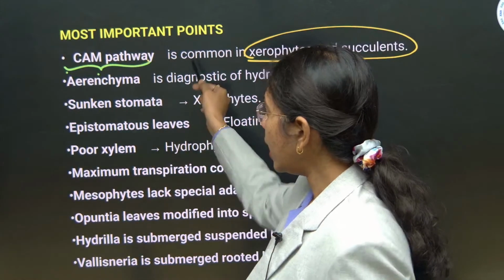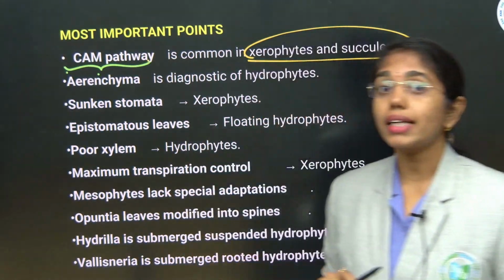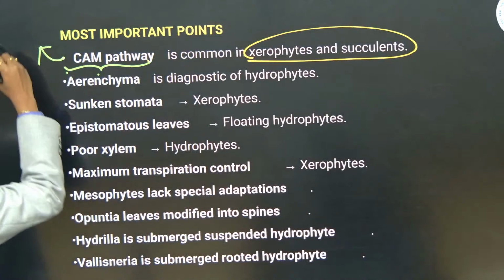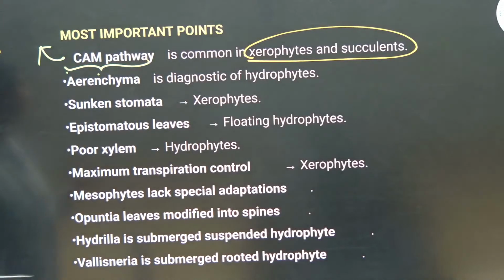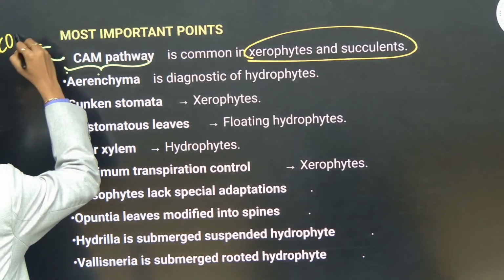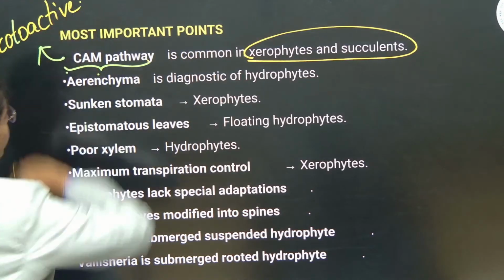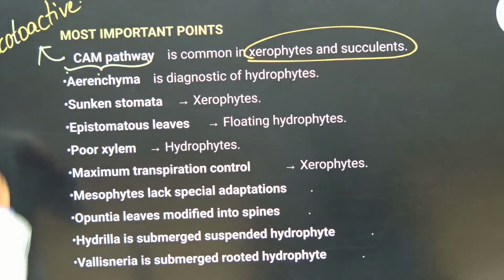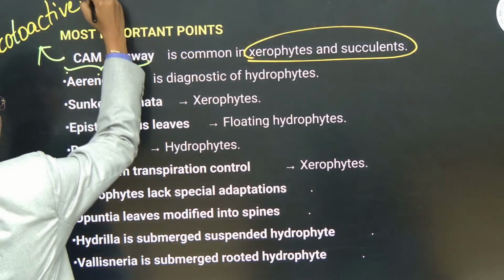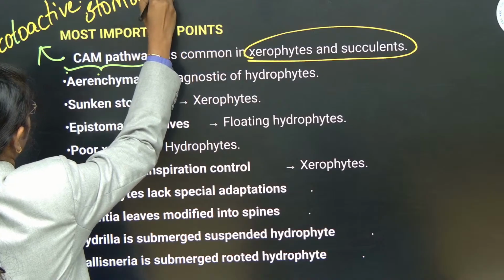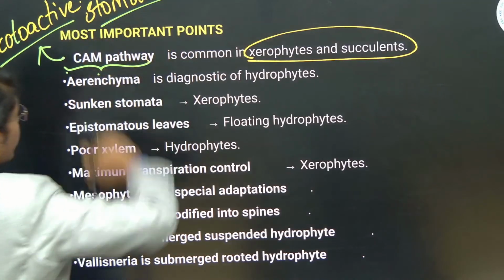In the CAM pathway, what type of stomata will be there? Scotoactive stomata, where the stomata open during night and close during daytime. Hypostomatous condition is clear to you.